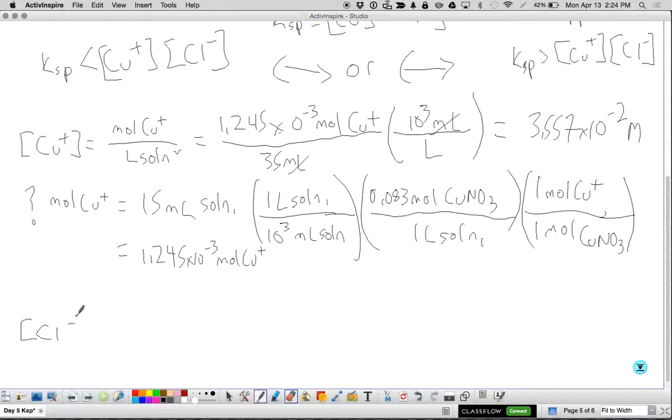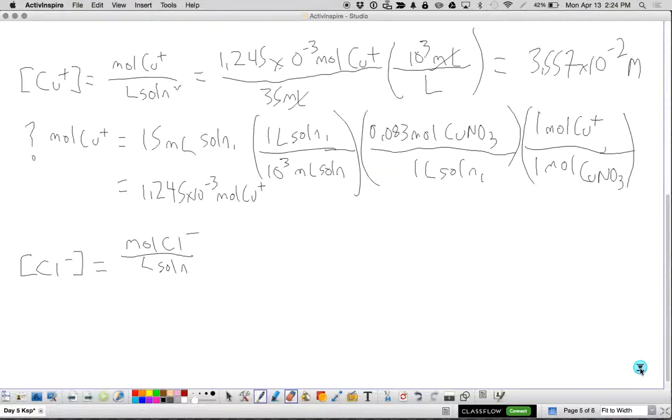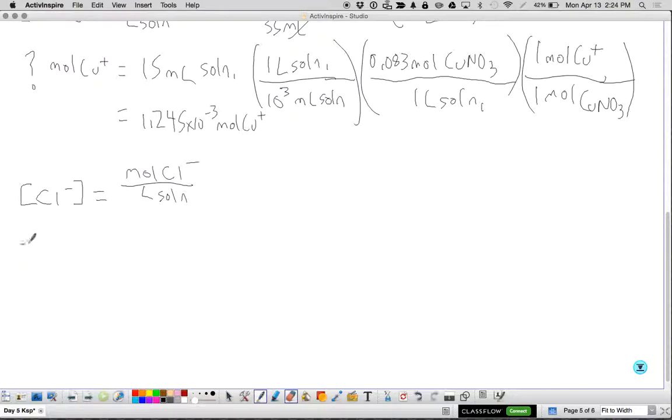Concentration of chloride ion is the other thing that I want, which is moles chloride ion per liter solution. And again, we have the 35 milliliters total solution, so I just need moles of chloride ion. I'm just going to get myself a little bit more room to work here. And I'm going to take this again from my given information, and use molarity.